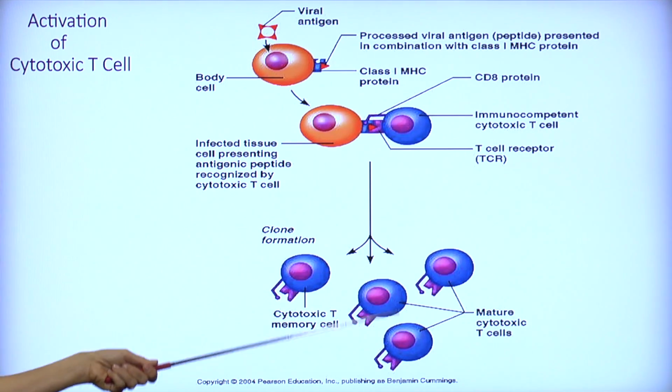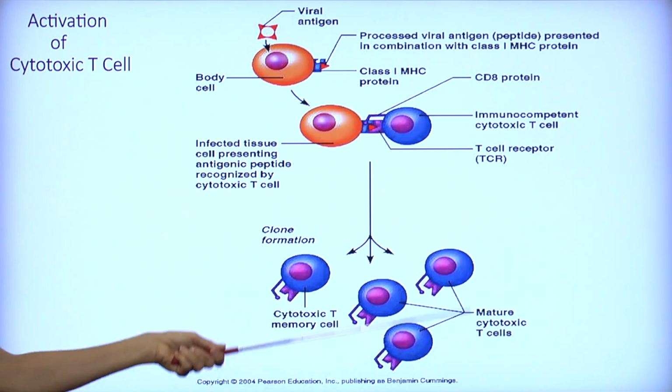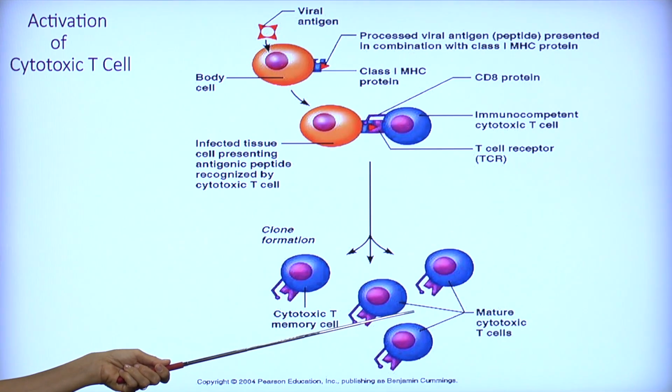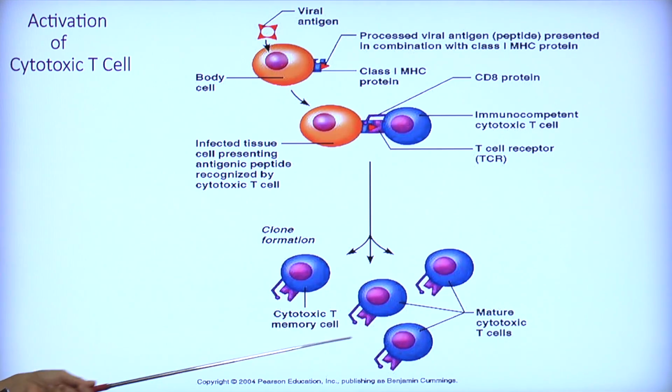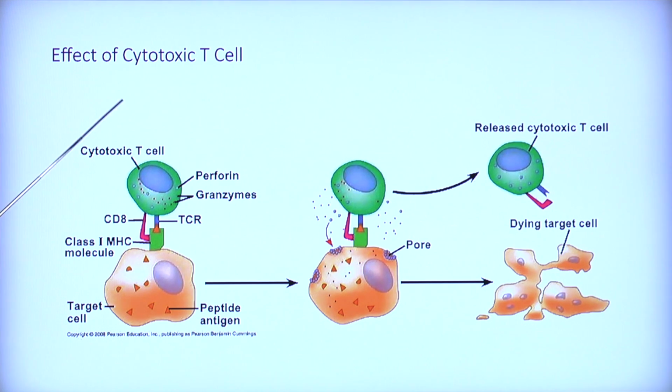How do these activated cytotoxic T cells actually destroy an invading cell? This is what they do. They will come and secrete two very specific chemicals. One is called perforin, and perforin comes from perforations.